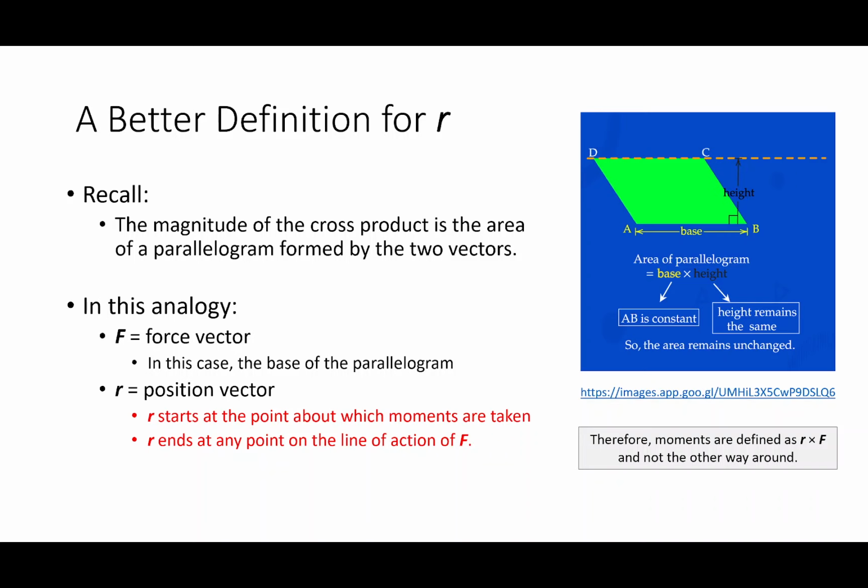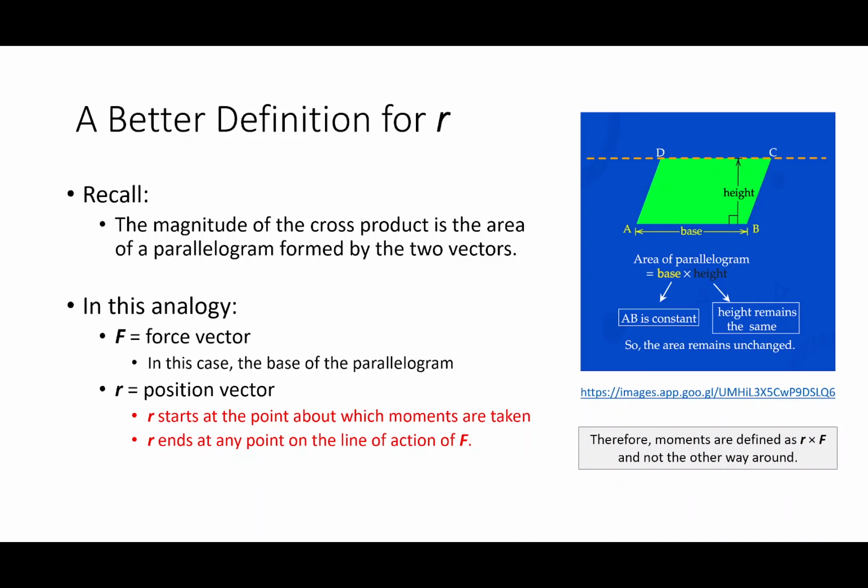Now, what is R? R starts at the point about which moments are taken, so it starts here, and I propose that it points to this line of action. So a valid definition for R could be this. We'll call that R1. But another definition for R could be this.